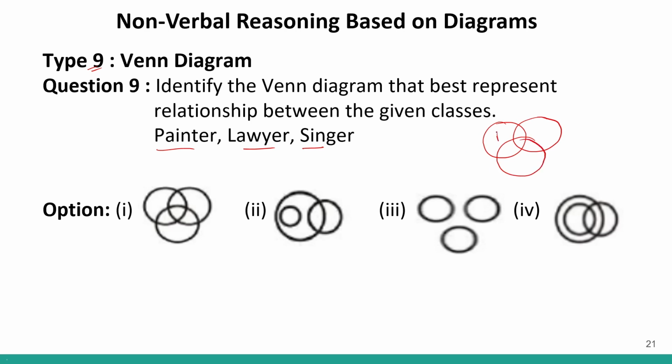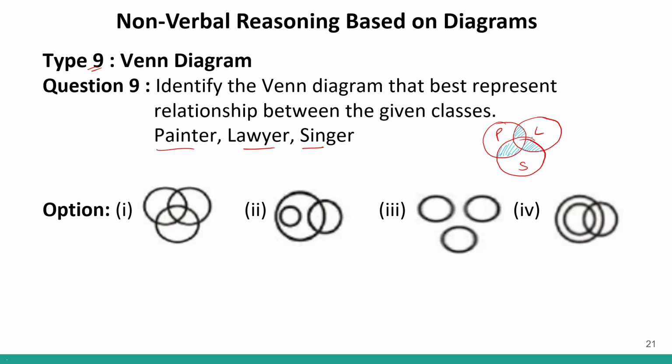Some people will be both painter and singer. This is represented by this portion. Now some people will be both lawyer and singer. This is represented by this portion. And some people will be both painter and lawyer, which is represented by this portion.